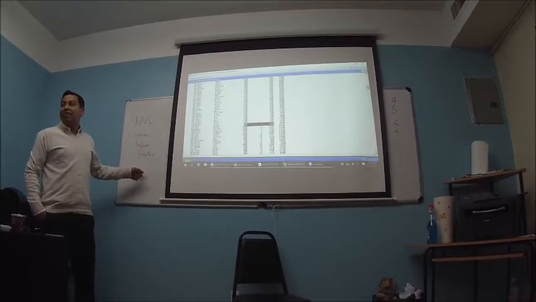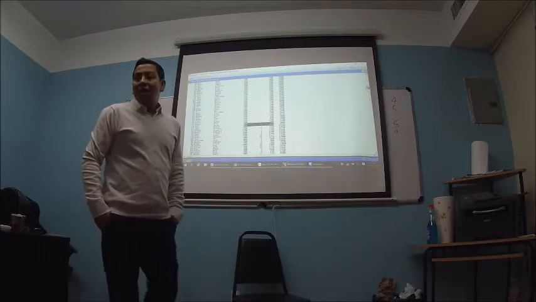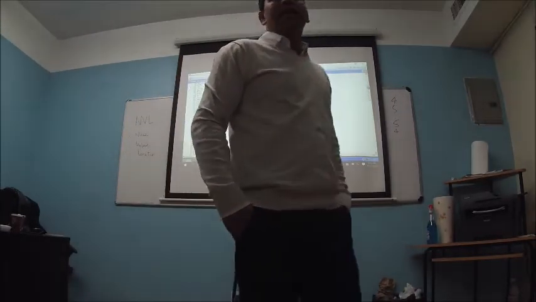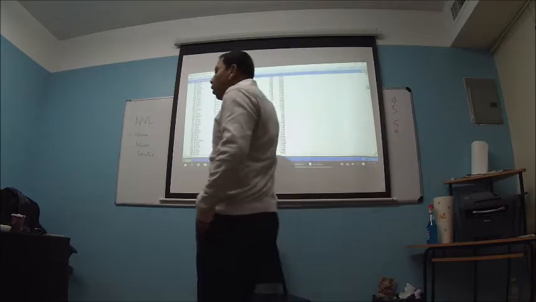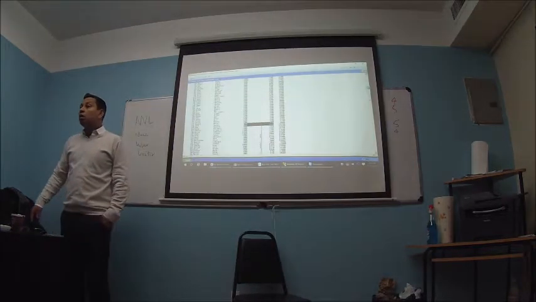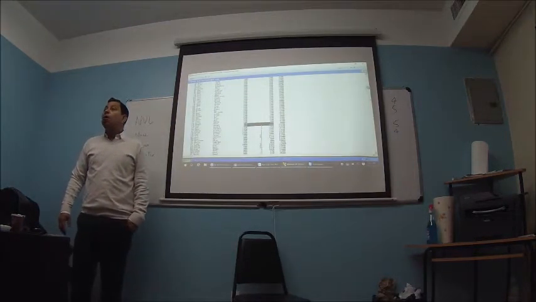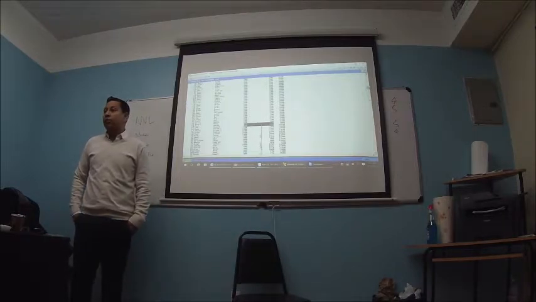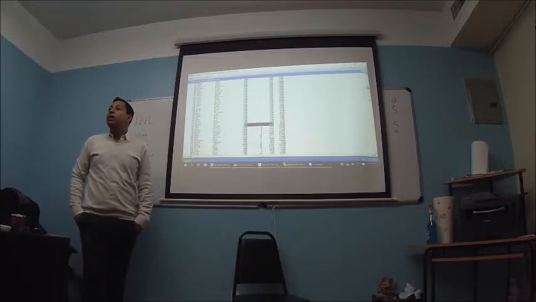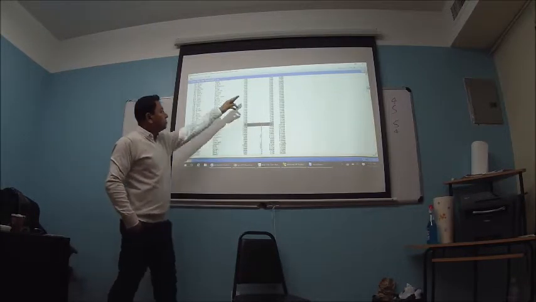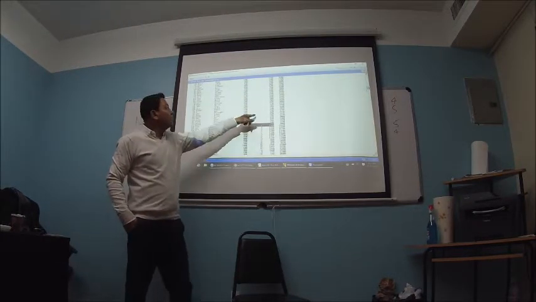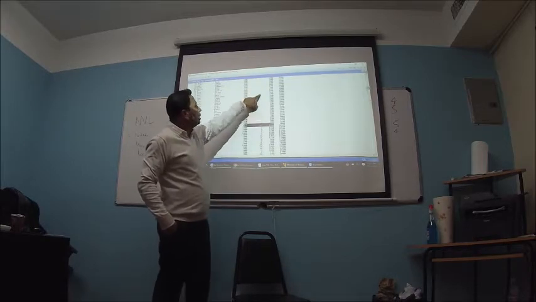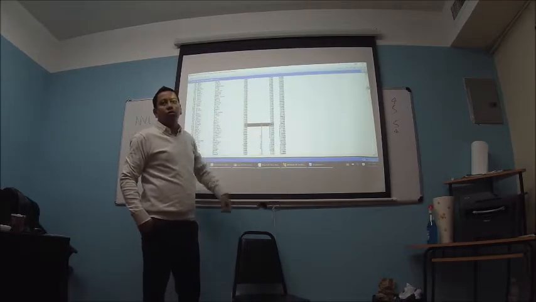So what does NVL mean? Null value locator. So it locates. Which column did we put NVL on? Commission percentage. Did we put a null value locator in first name, last name? No, because we put it in commission percentage. So it comes into the commission percentage row and says, okay, where is the null value? All the null values it puts as 0, 0, 0, 0.